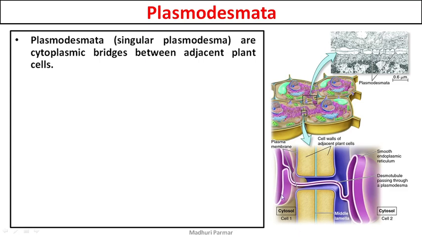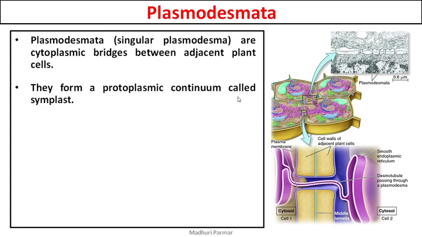This is the cytosol of cell 1 and this is the cytosol of cell 2. Here also, this is the electron microscopic diagram, and this is the cell wall. You can see in between the cell wall there are some connections between the two cells. This is cell 1, this is cell 2. They form a protoplasmic continuum called symplast.